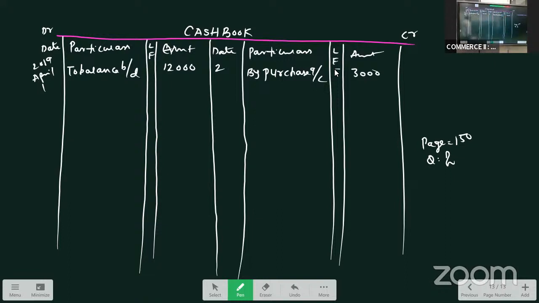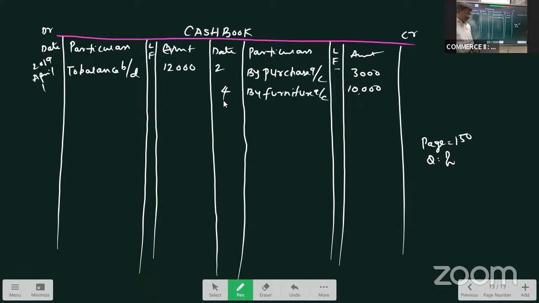Then purchase furniture. Business is getting furniture and making a payment, so again it is a payment. Write it on the credit side. By furniture, 10,000. The date is 4.